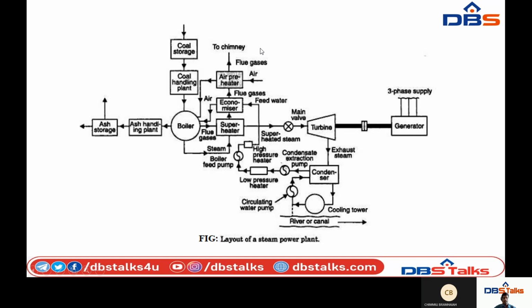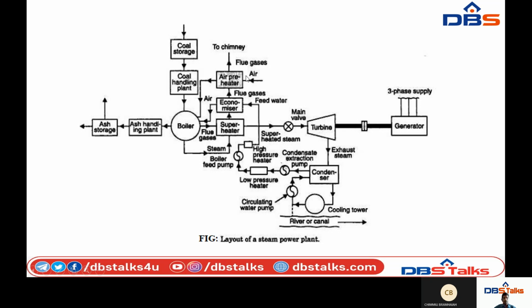After then, the second one is the air and gas circuit. In this, the arrow mark shows that air is taken from the atmosphere and supplied to the air preheater.